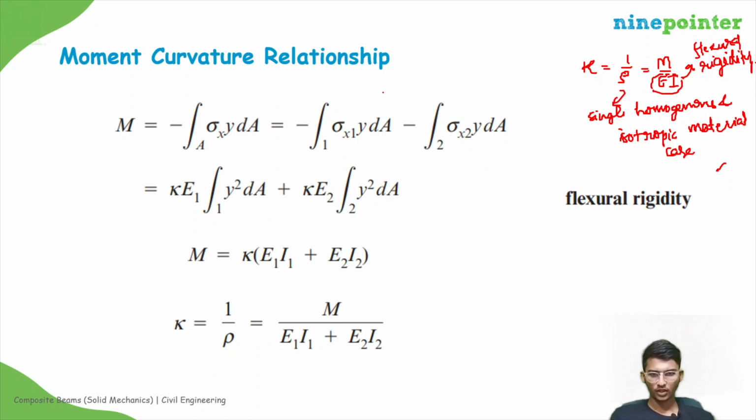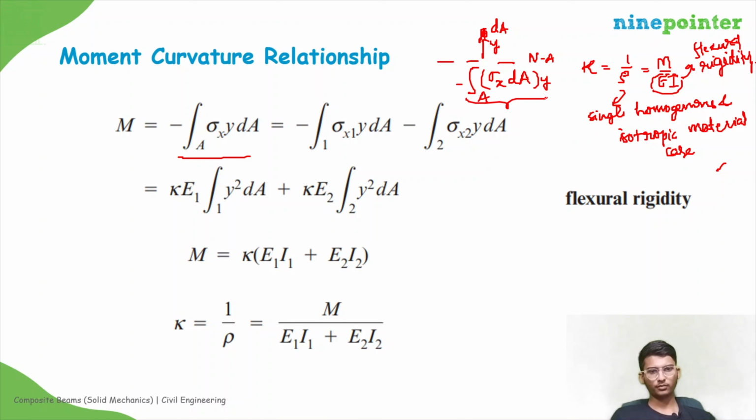That is simple. That will be given by minus integral over A of sigma x y dA, because if you take a dA element and this is the neutral axis and this distance is y, sigma x dA will give us the force, and force into y will give us the moment. So the integral over the area will give us the net moment, right?